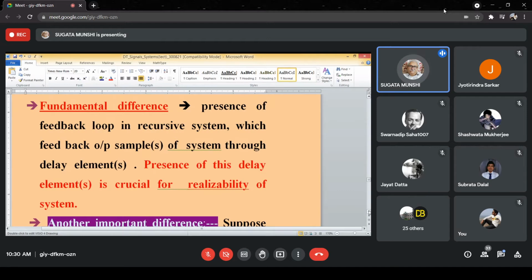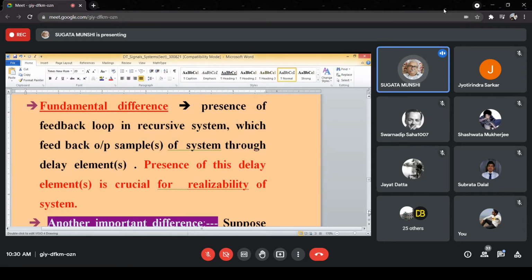And of course, that is not within your scope of discussion, although I will exhibit a couple of cases where the presence of a nonlinear element in the feedback path is giving rise to certain strange behavior.